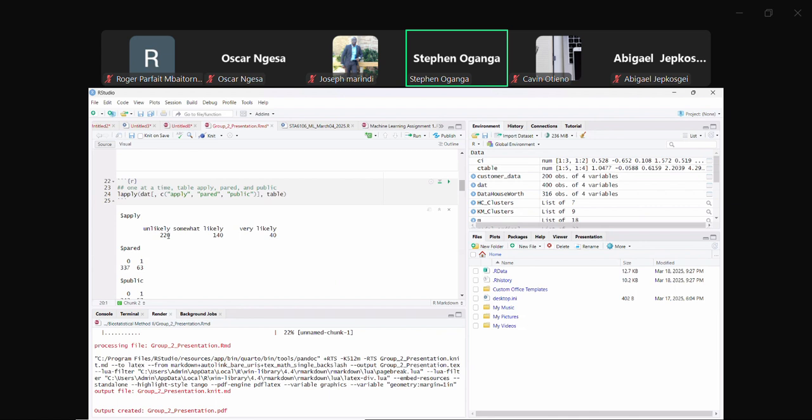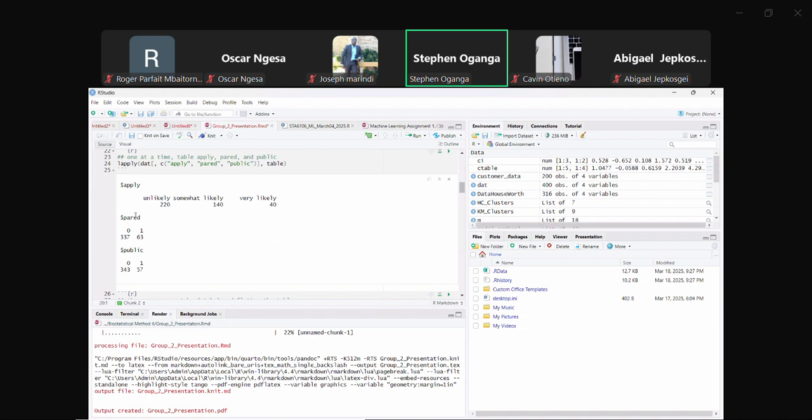So 220 students were unlikely to apply to the graduate school, 140 students were somewhat likely, and 40 of the students were very likely to apply to the graduate school.